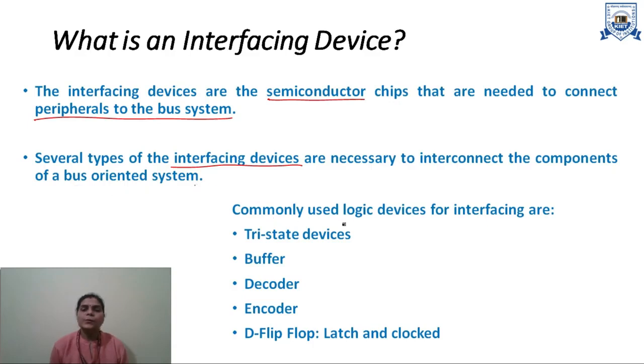Commonly used logic devices for interfacing are tri-state device, buffer, decoder, encoder, D flip-flop. It can be a latch or a D flip-flop. So we will see these devices one by one.